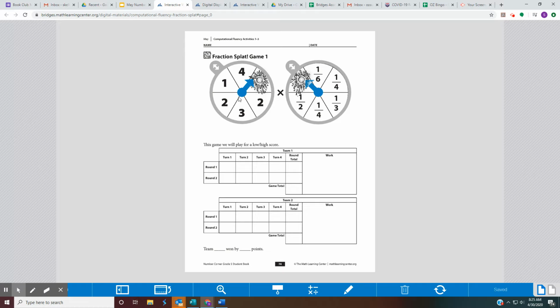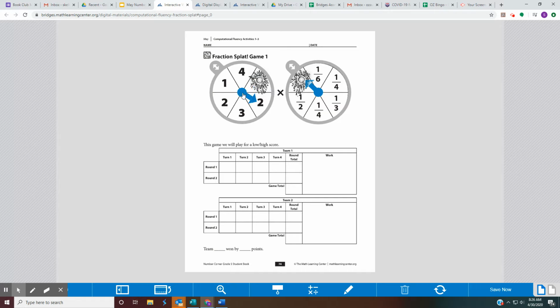So I'm going to make you multiply by a half. Oh, and another splat. So I'm going to make you do your problem times 4, and that gives you a 2. Would you agree?